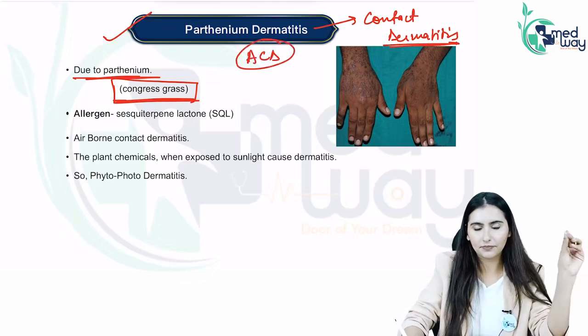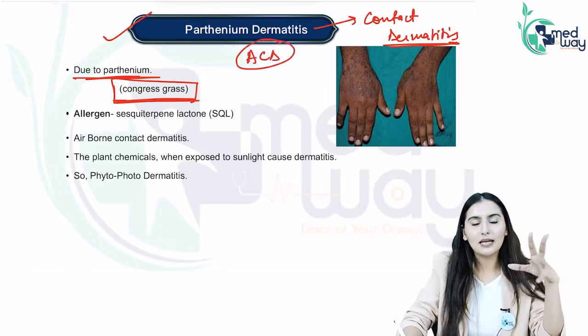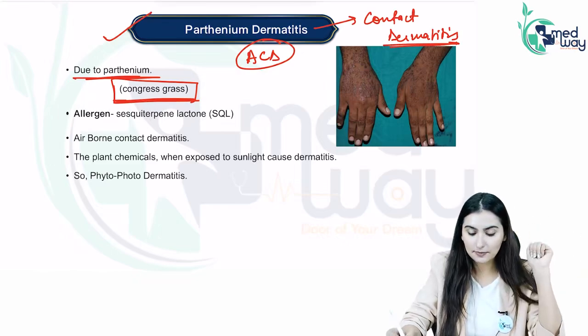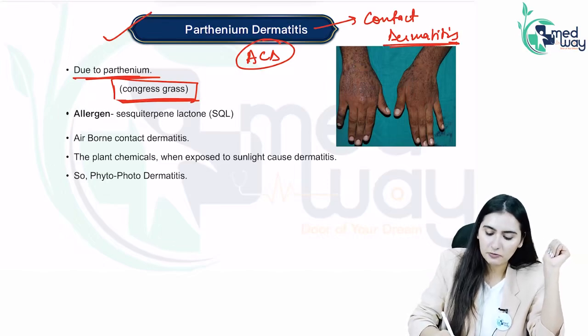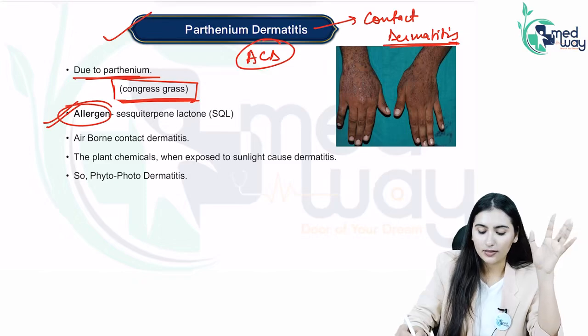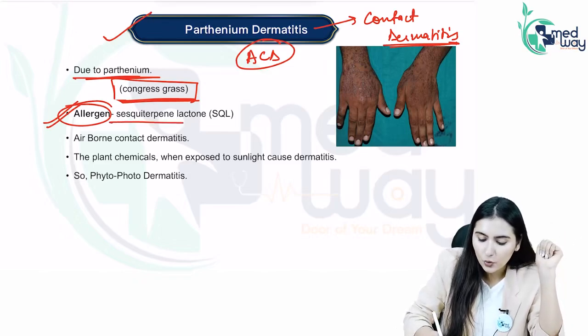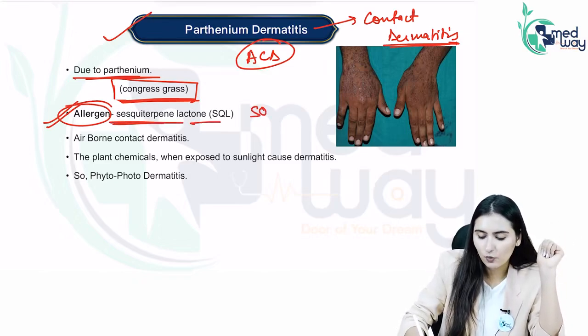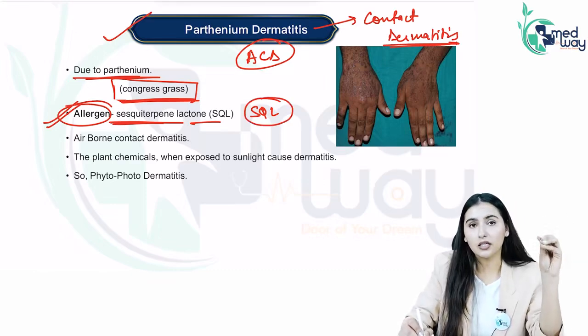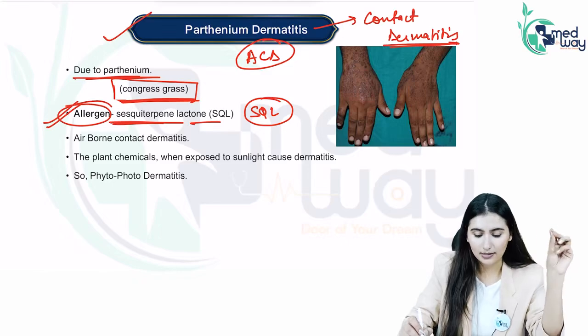It is ACD. Some people have allergy to Parthenium. Only those people will develop this dermatitis. So what is the allergen in these patients? The allergen found in Parthenium, that is Congress grass, is sesquiterpene lactone. So SQL. Sesquiterpene lactone is the allergen that is found in Parthenium grass, the Congress grass.